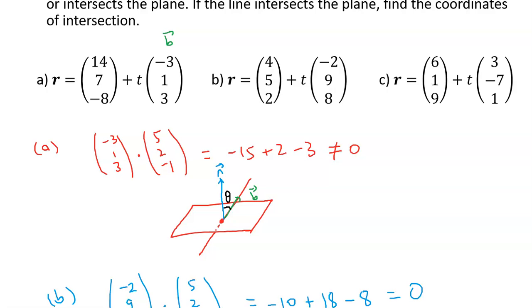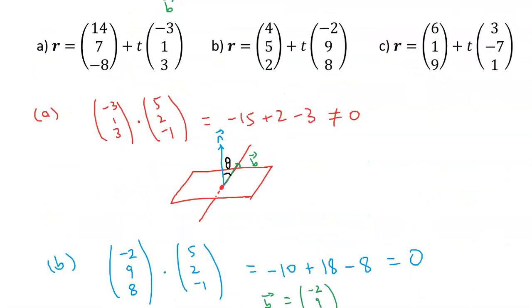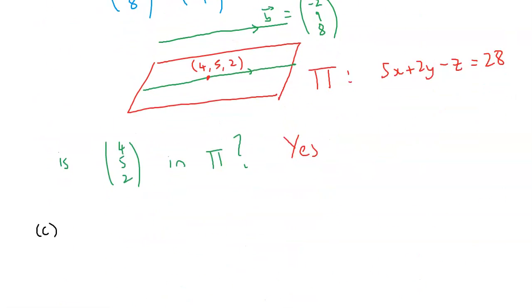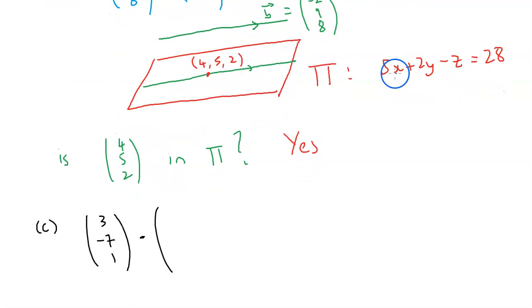And for part C, we have that the direction vector of our line is (3, -7, 1). Let's take the dot product of that with the normal vector of the plane, which is (5, 2, -1).